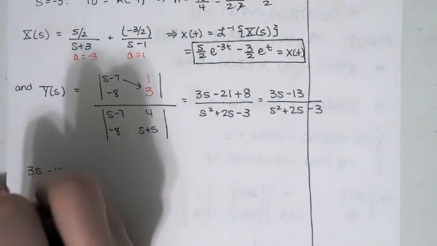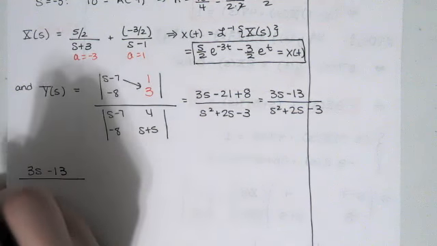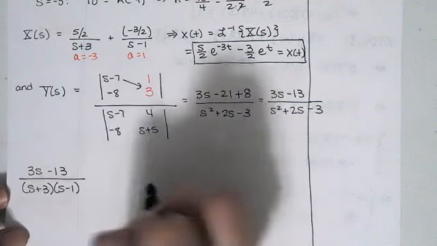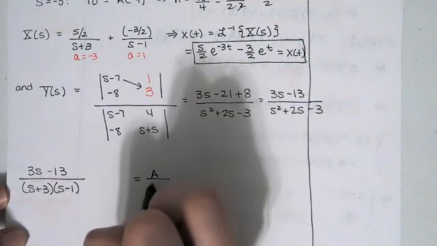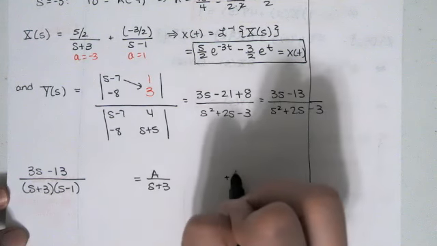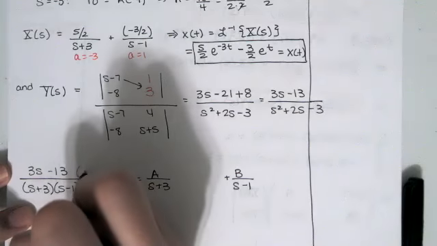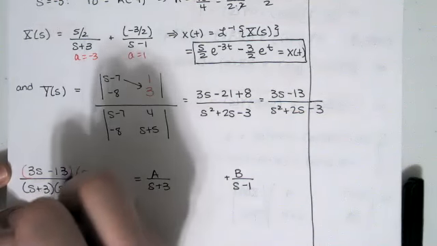So I would write that as (3s − 13) over (s + 3)(s − 1), and that equals A over (s + 3) plus B over (s − 1). Multiply by the LCD, and don't forget your parentheses there.